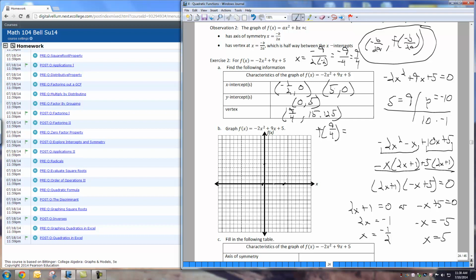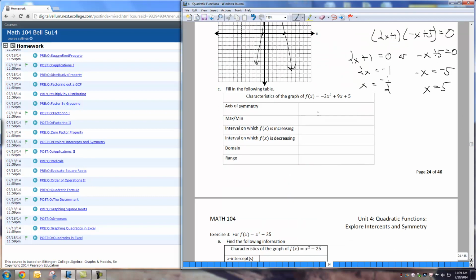So 1, 2, 2.25. And then 15. 1, 2, 3, 4, 5, 6, 7, 8, 9, 10, 11, 12, 13, 14, 15. So it's going to be somewhere up here, which doesn't quite fit on the graph. And our graph looks like this. Remember, it's rounded right here. So there's our graph.